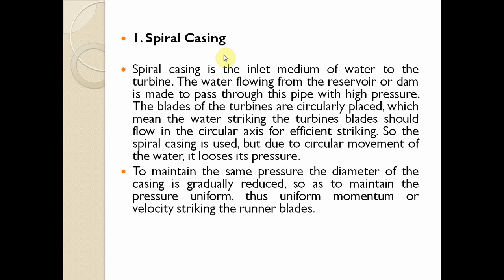So this spiral casing is used, but due to circular movement of the water, it loses its power. To maintain the pressure, the diameter of the casing is generally reduced so as to keep the pressure uniform, thus giving uniform momentum or velocity striking the runner blades.